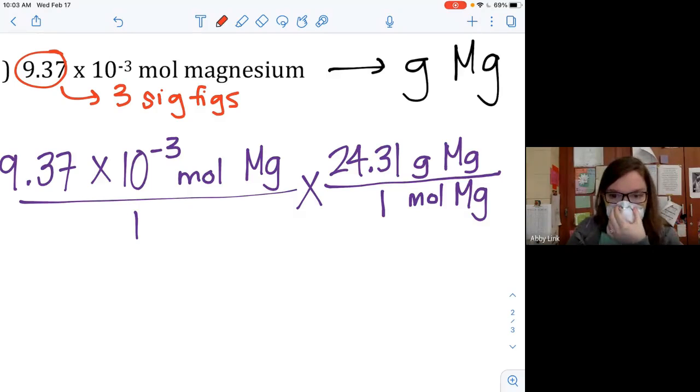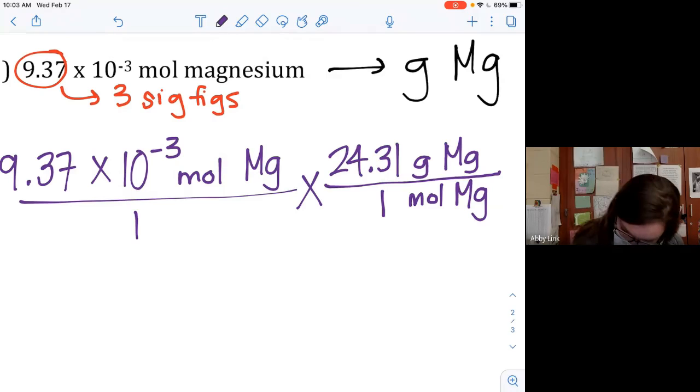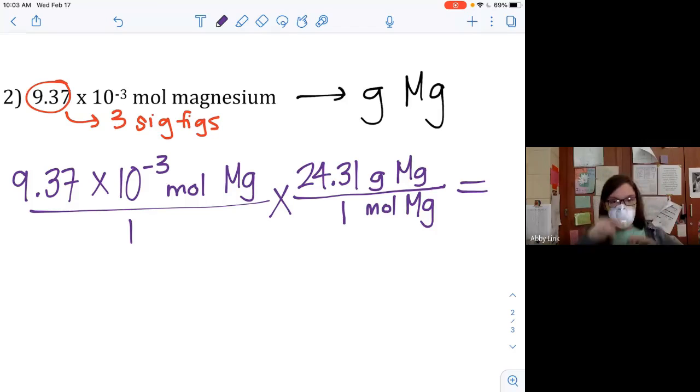You are more than welcome to do that. You don't have to do that if you don't want to either. Okay, again, remember we're looking for 3 sig figs here.